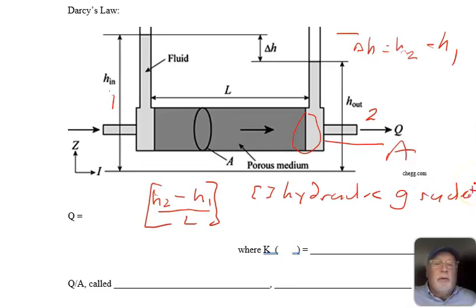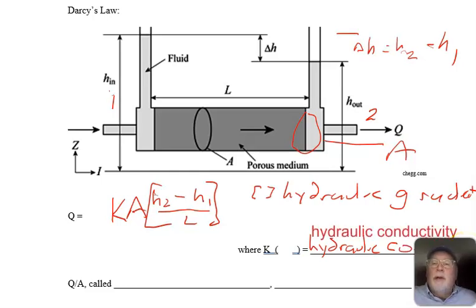And it's proportional to the area. And different materials had different properties. Some went fast, some went slow. So we came up with K, the hydraulic conductivity. So that's a property of the medium, of the material, hydraulic conductivity.